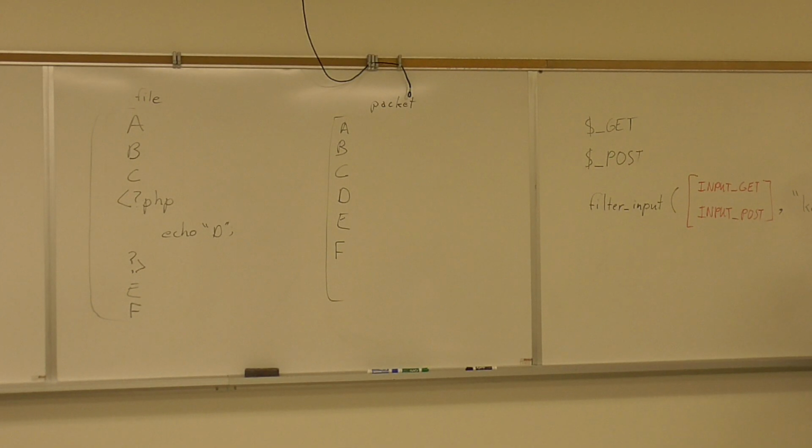Filter validate int, validation filter for integers. It verifies that the incoming value is in fact an integer. Filter validate float. Same thing as integer, but for floating point values.